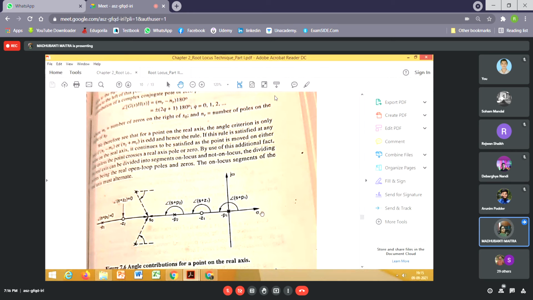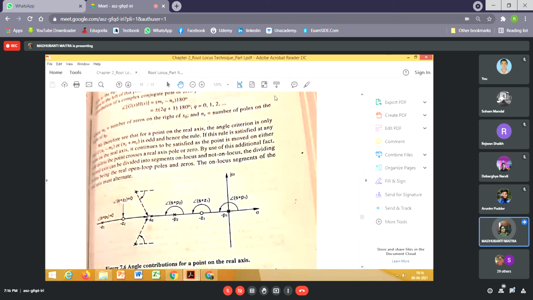This is the real axis, sigma axis. This is the imaginary axis. Okay, fine. So these are the open loop poles P1, P2, P3. These three are the open loop poles, and zeros are here. Z1 is one zero and Z2 is the second zero, as can be found from this particular figure, right?